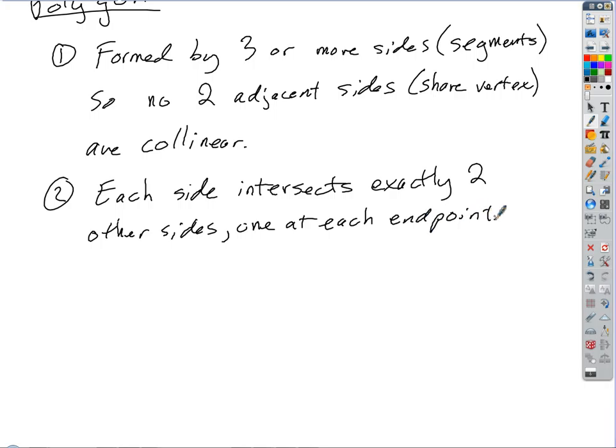So that's the language that our book is going to use, right? But what we said, I think, is actually maybe a better way of saying it. It says the same thing, I think, more concisely.